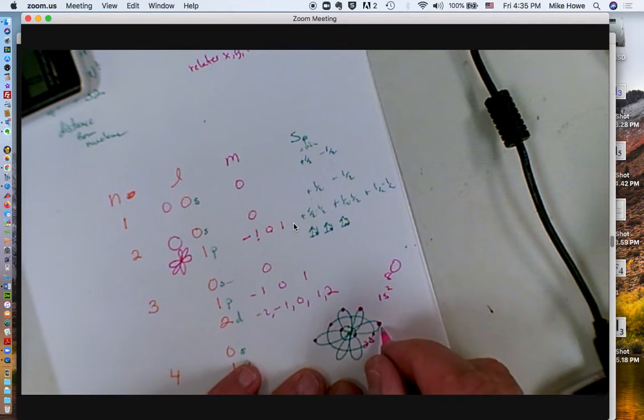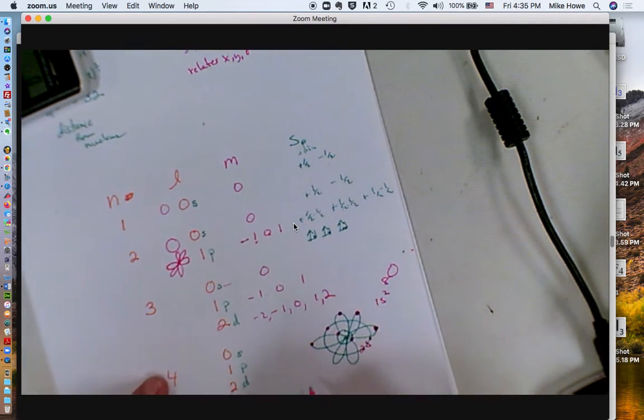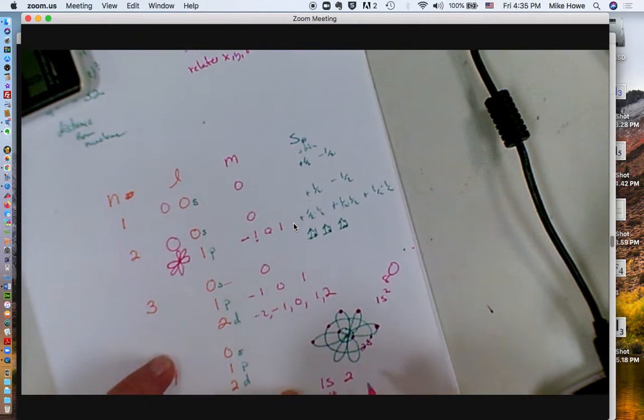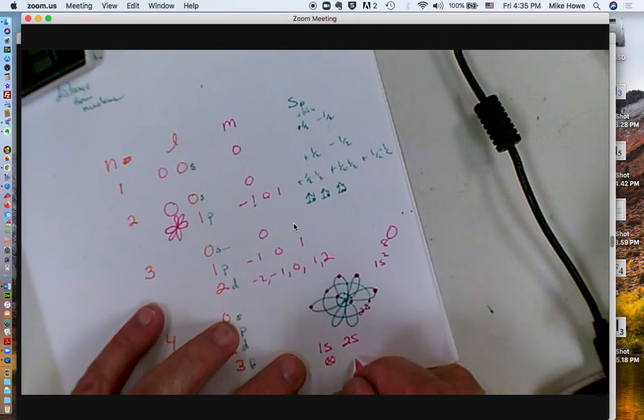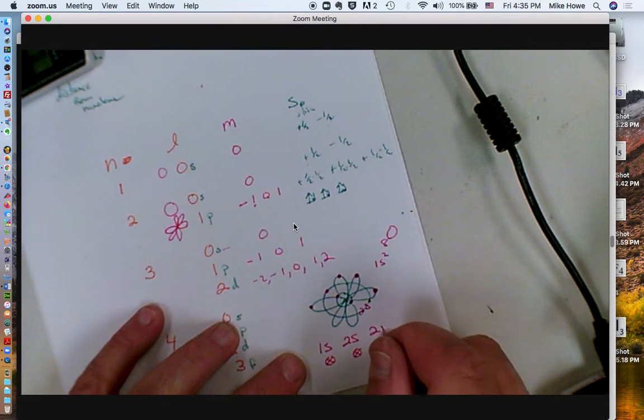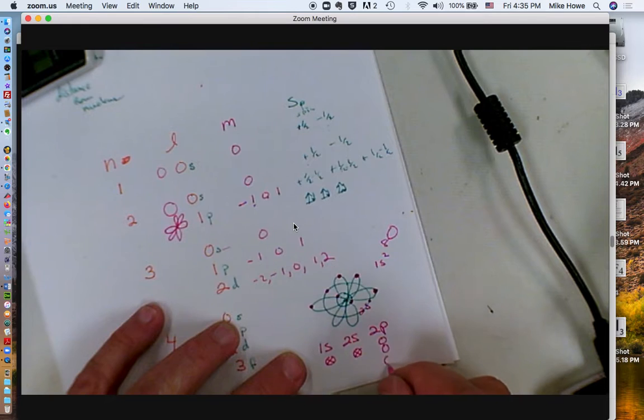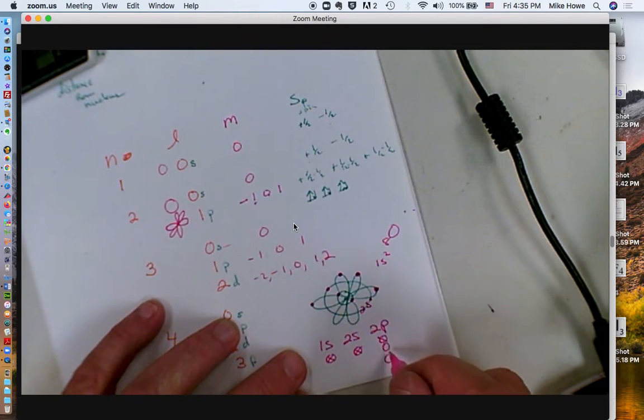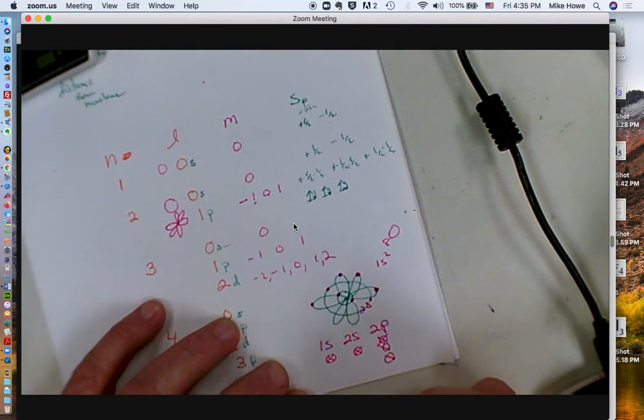So you'd have a pair here. If you drew it a different way, the 1s bed had 2 people in it, the 2s bed has 2 people in it, the 2p had 3 beds, and the people like their own bed until they have to pair up. And so that's another way to draw it.